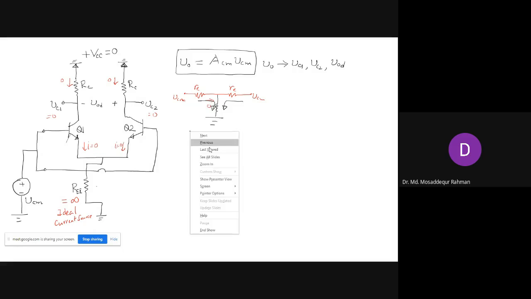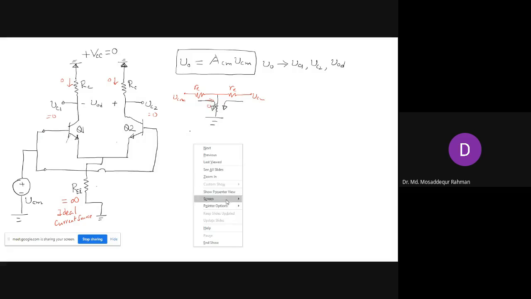So what do we get now? So now this current is not zero. That's the problem.